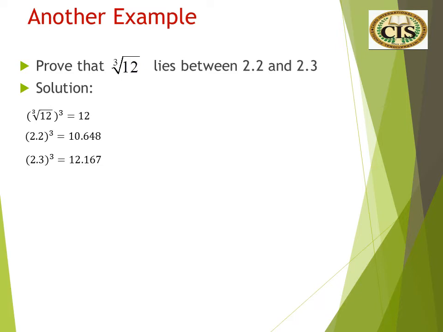So the cubic root of 12 lies between 2.2 and 2.3. Again, we raise both sides to the power 3, and we find the cubic root of 12 is greater than 2.2 and less than 2.3.